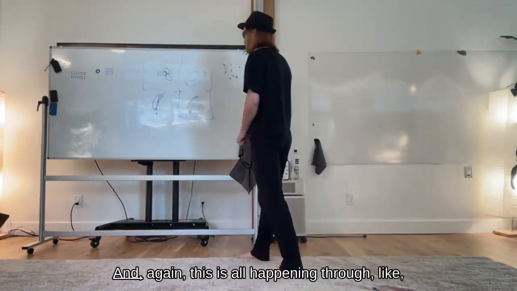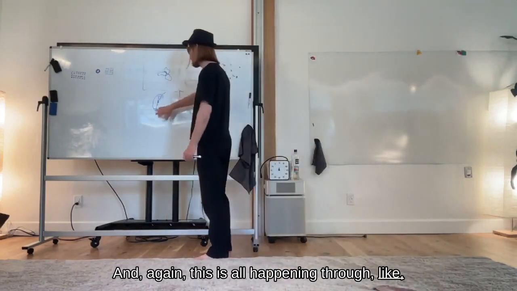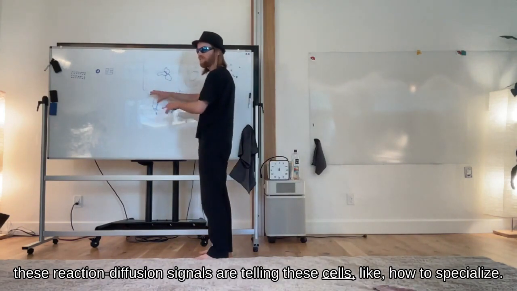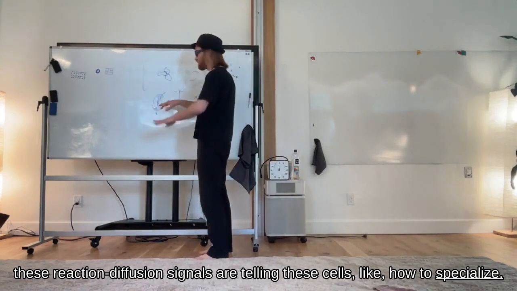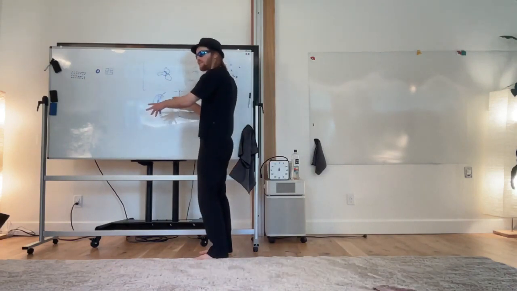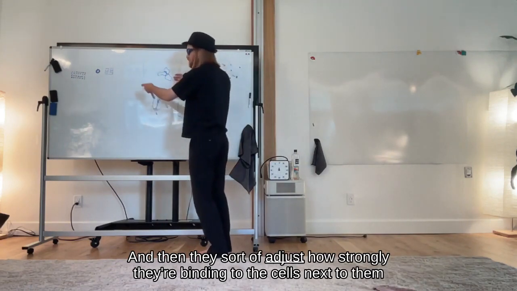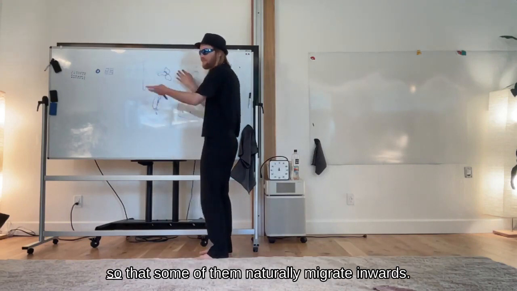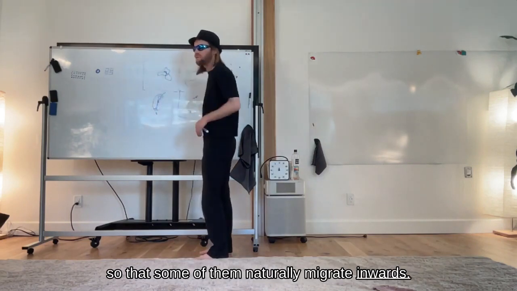And again, this is all happening through reaction diffusion signals telling these cells how to specialize, which ones are going to become the middle ones, which ones are going to become the outer ones. Then they adjust how strongly they're binding to the cells next to them, so that some of them will naturally migrate inwards.